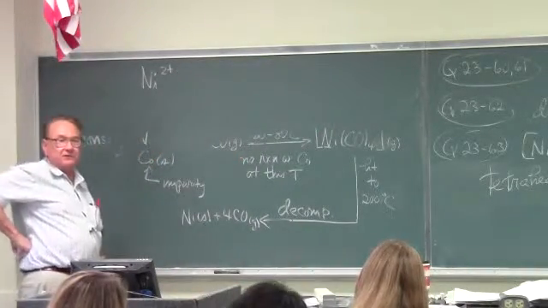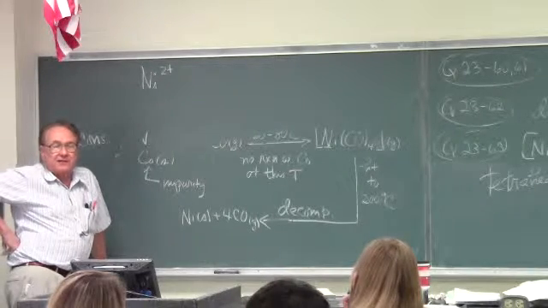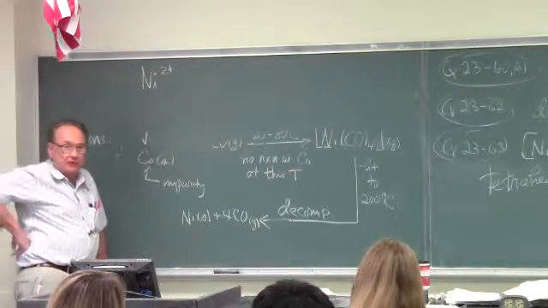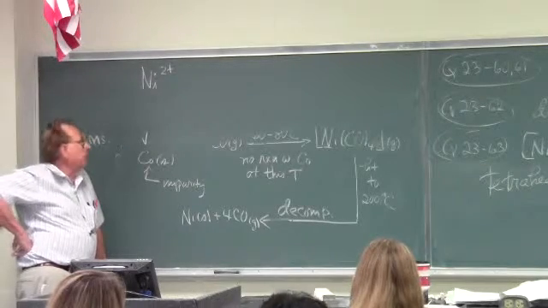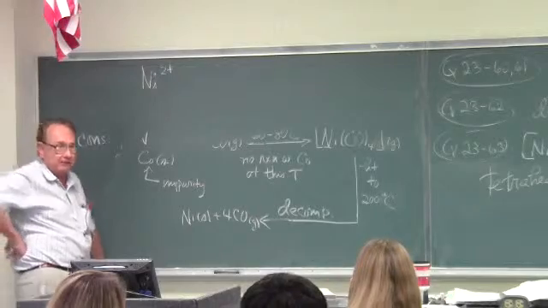Let's take a solution that contains nickel plus 2. Because plus 2 oxidation state is the most common oxidation state shown by nickel. Nickel chloride, nickel sulfate, those are all +2 oxidation state compounds of nickel.